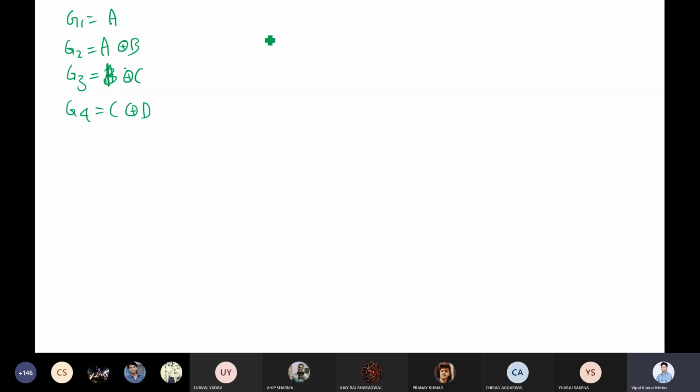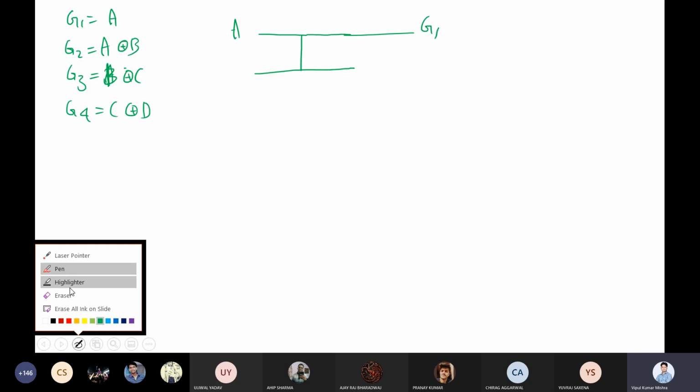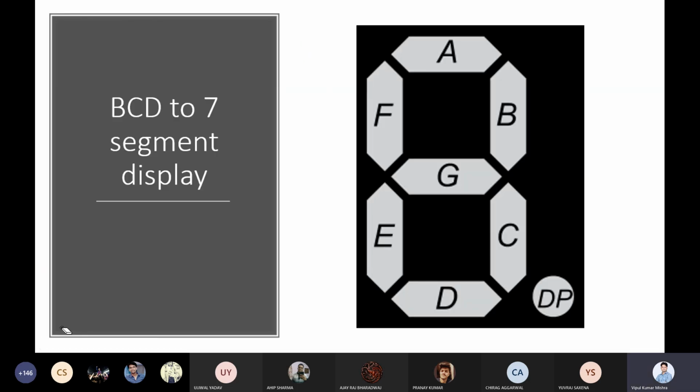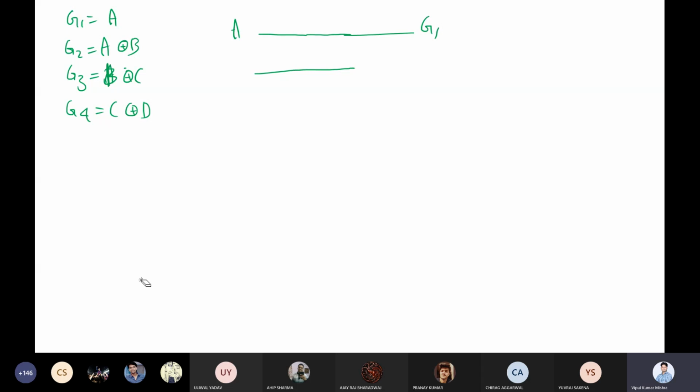So can we make a circuit? Yes, we are saying this is A, and that is straightforward, it goes to G1. Then we have B, that will go to the XOR, and you got G2.